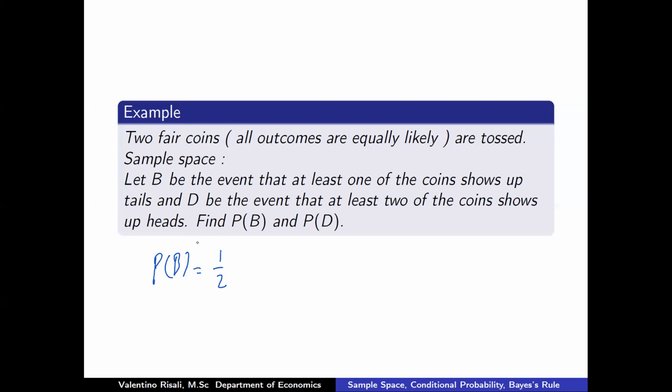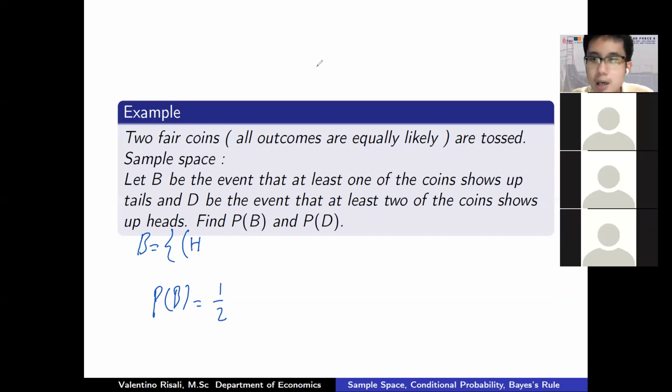Teja, can you explain to us what the elements of B are? It is heads and tails. Wait, no, tails, sorry. Before this, could you list all of the sample space?